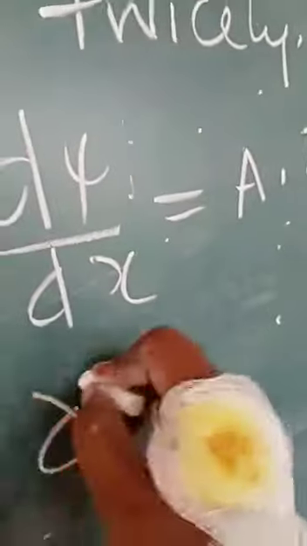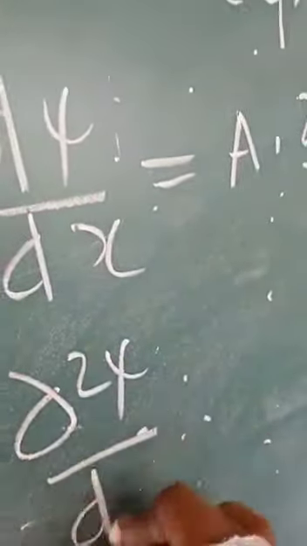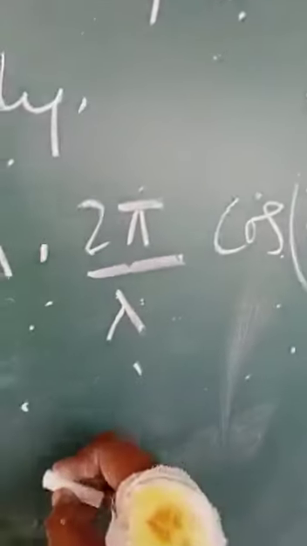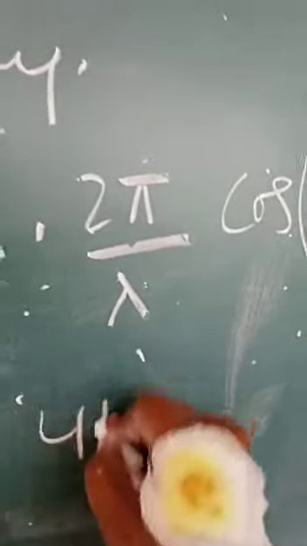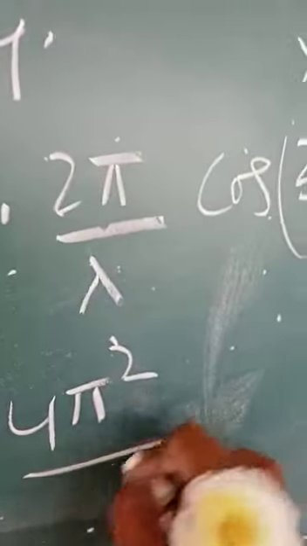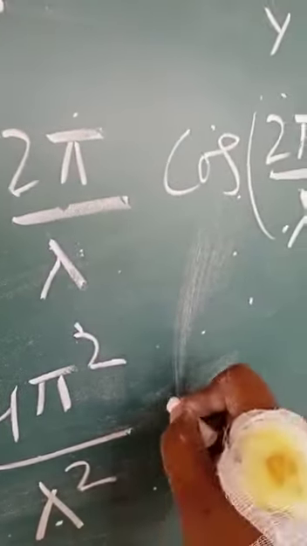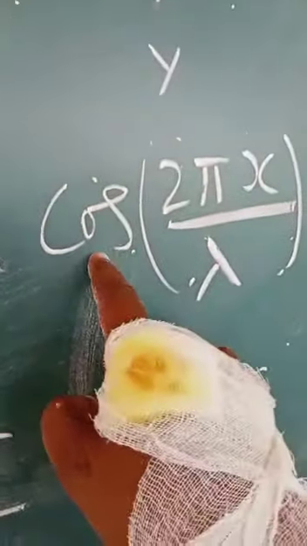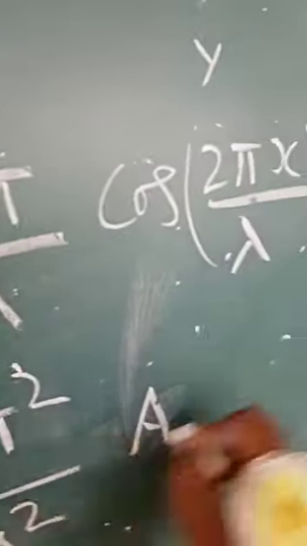Okay, students, again d square psi upon dx square is equal to A, 2 pi by lambda, again 2 pi by lambda comes out. Then 2 pi by lambda twice means 4 pi square upon lambda square into A. Differentiation of cos x is equal to minus sin x.